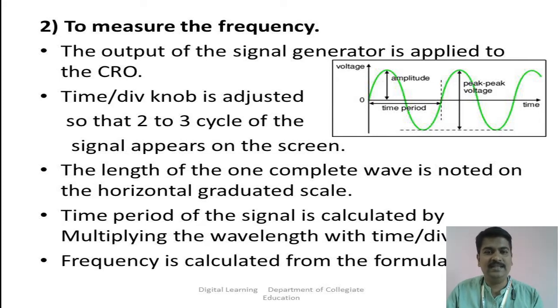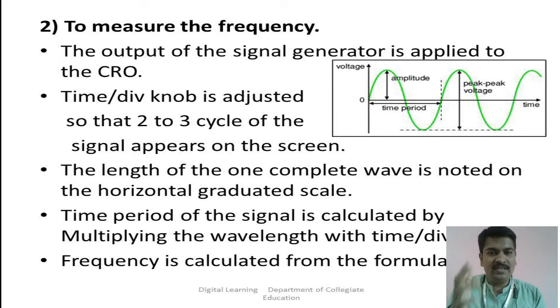Either you select two points which are in the same phase, or you select the peaks, the horizontal distance from one peak to another peak. From the horizontal line itself you take the distance from here to here, and that also gives you the wavelength.